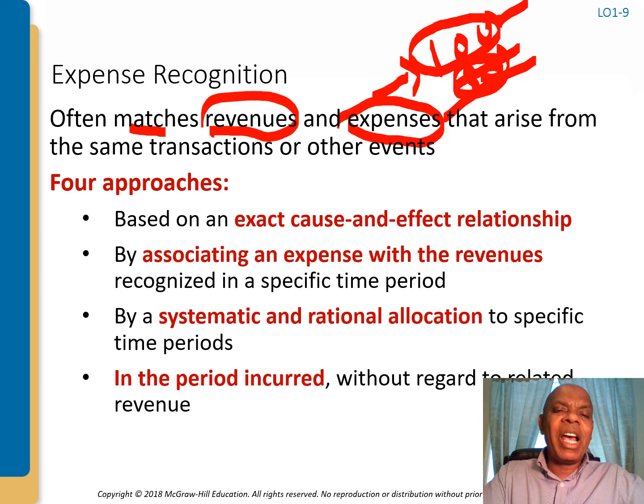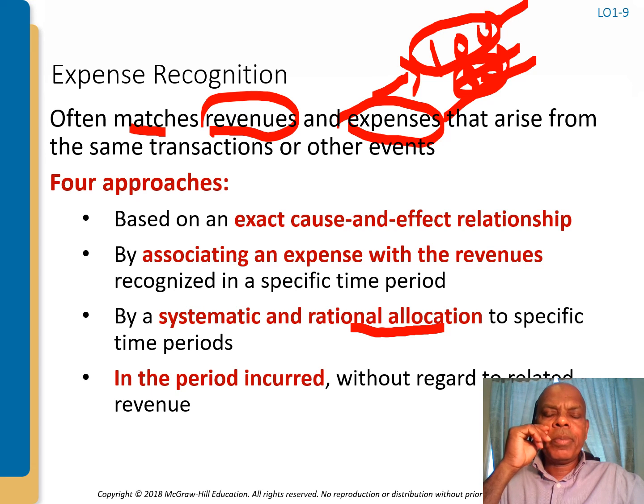So that's what I mean by systematic and rational allocation to a specific time period. Prepaids, you allocate in a certain way. It's the same thing with depreciation, right? You're allocating in a systematic way.